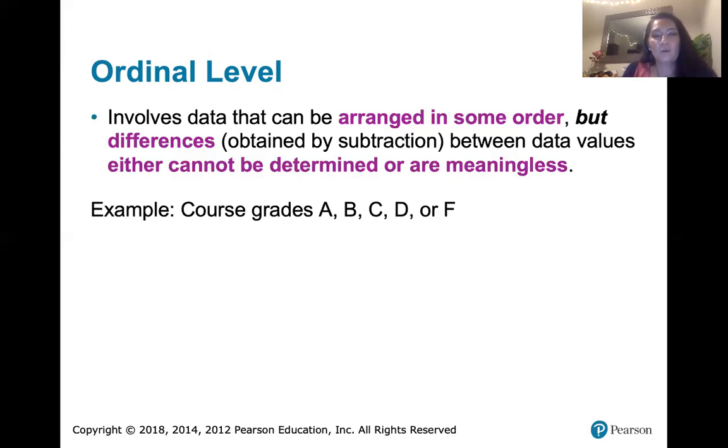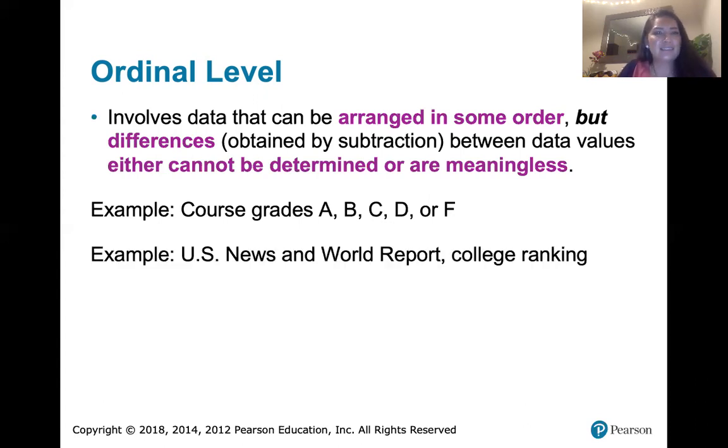But when we're talking about letter grades, A, B, C, D, and F, C minus D doesn't really make any sense, or A minus D doesn't make any sense. So while we might be able to subtract those by calling A a 4 and D a 1 and calling the difference between them a 3, the differences truly are meaningless.